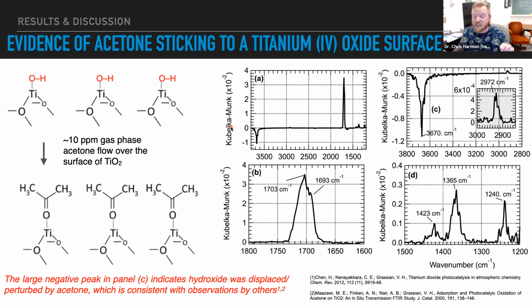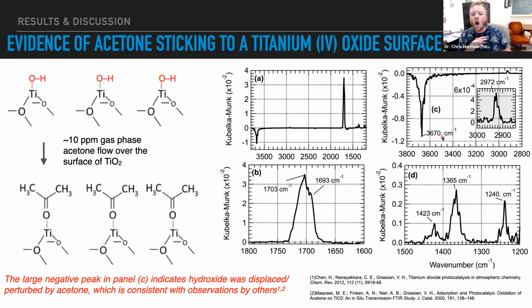What's really interesting about this technique, as I mentioned, is we can see the simultaneous appearance of positive peaks, meaning we added something to the surface, as well as negative peaks, meaning something was removed from the surface or even modified, all right? So we notice that we've got this large negative peak at 3670 wave number. That is an OH stretch that is associated with non-hydrogen bonding interactions, okay?